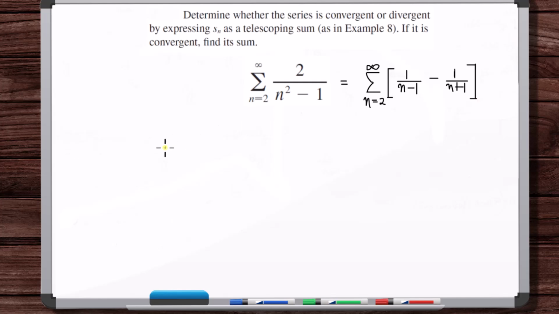Okay. So now the idea is we want to write out the S of n, like expanded out. But we start at n is equal to 2.